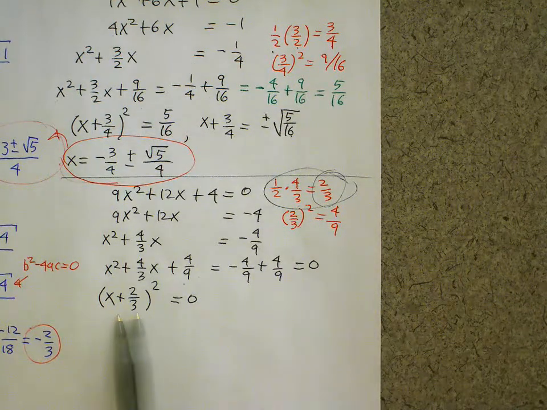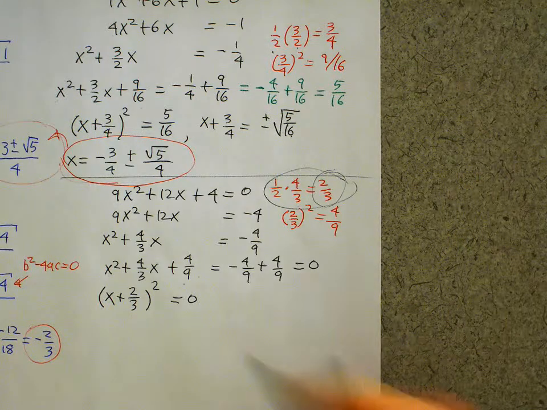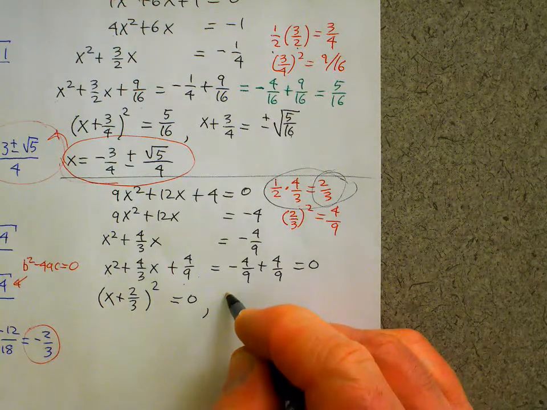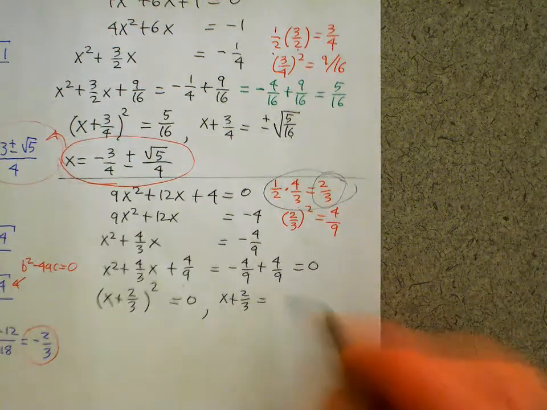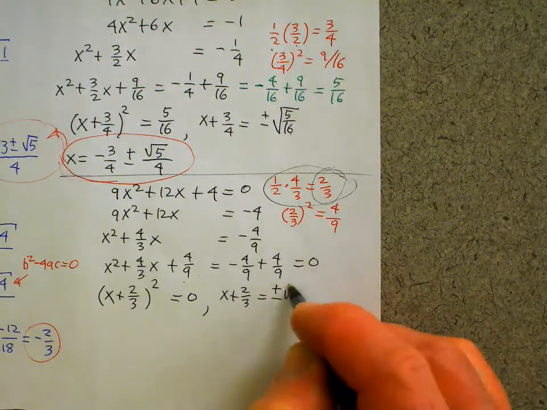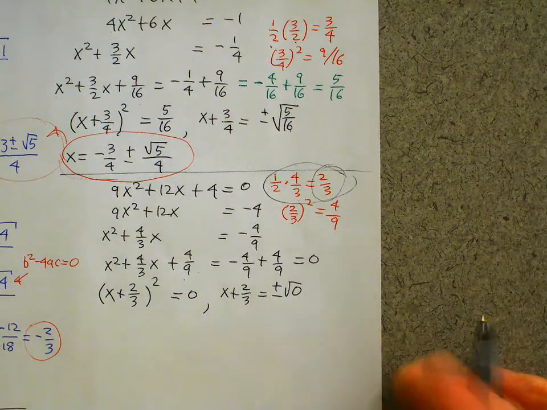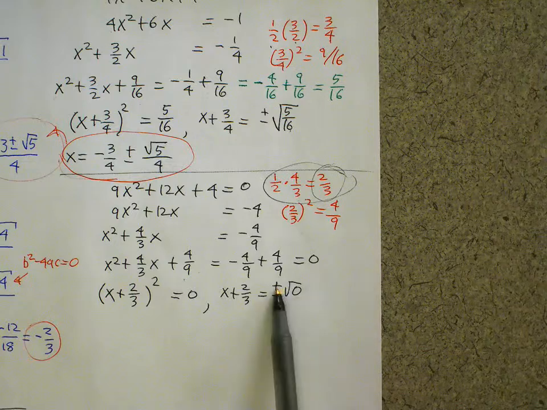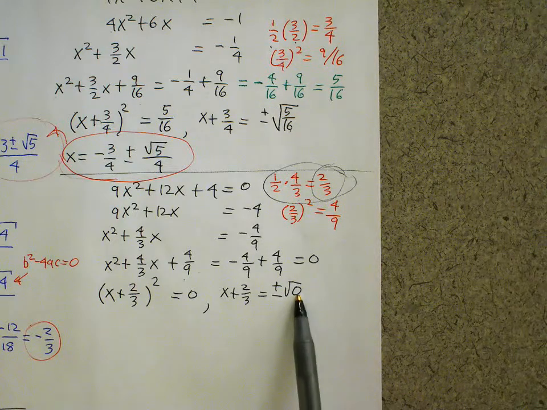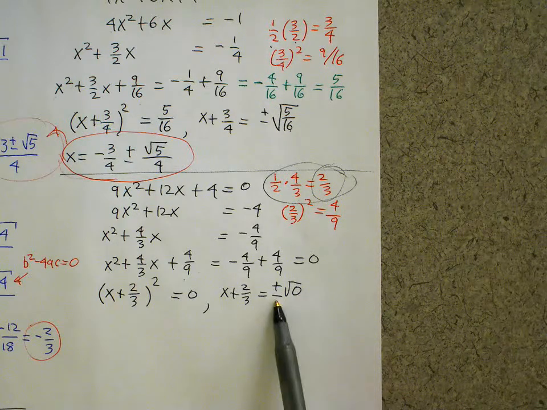Then we apply the square root property. So x plus 2/3 equals positive and negative square root of 0. The square root of 0 is 0, and positive 0 is just 0, and negative 0 is just 0.